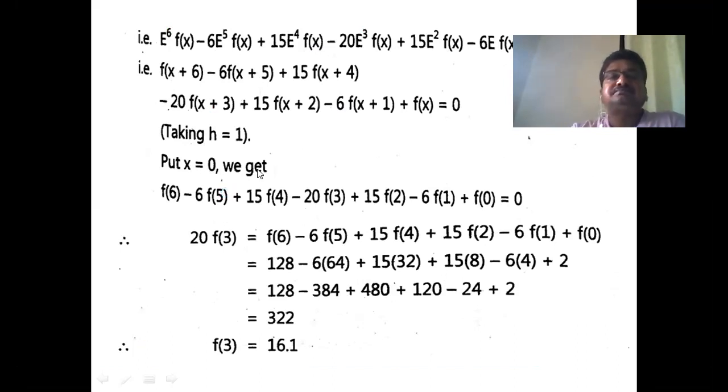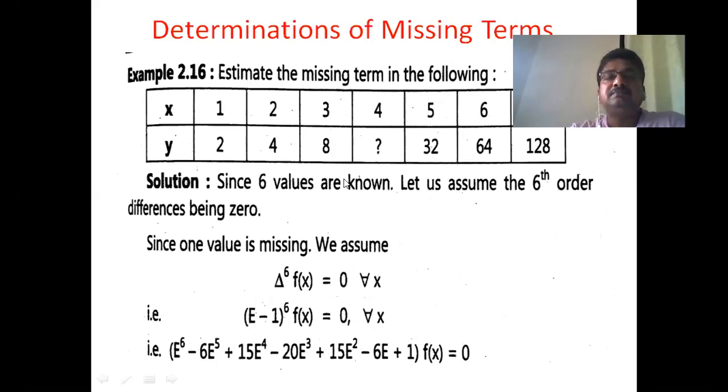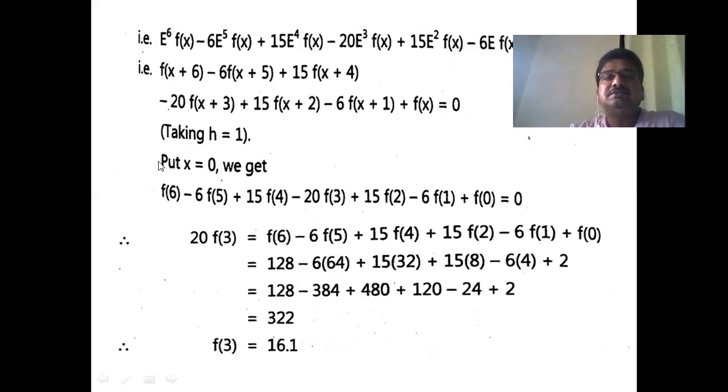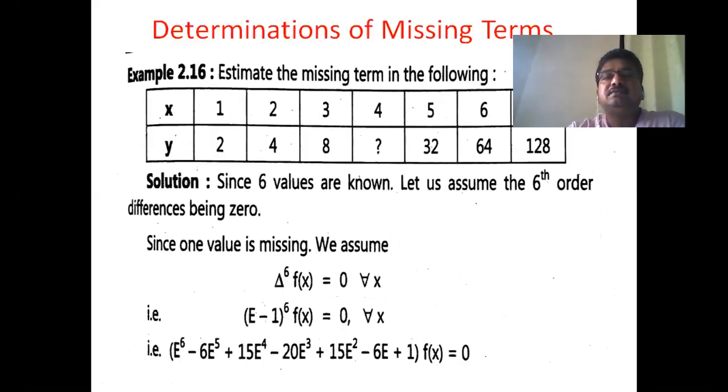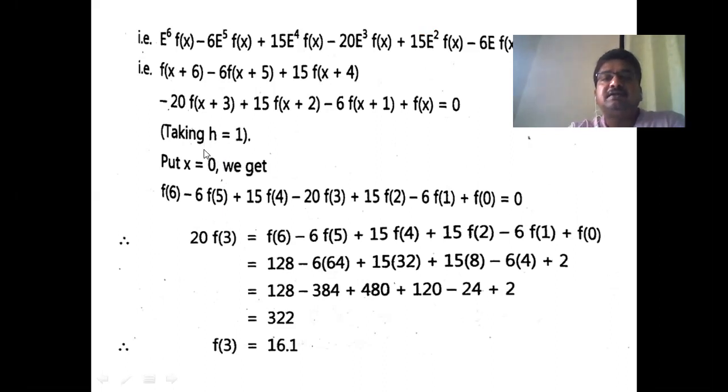Observe this: the value of x starts from 1. So the first value of x is 1. Substitute x is equal to 1. Don't write x is equal to 0. Put x is equal to 1, not x is equal to 0.